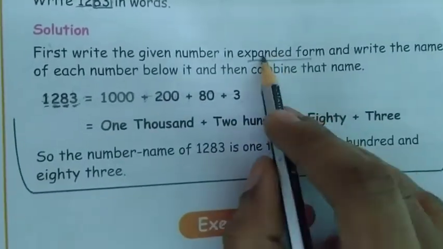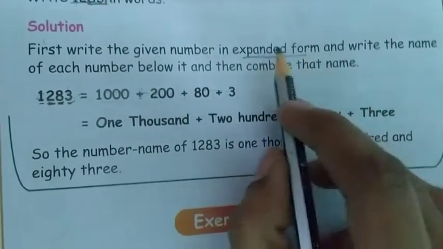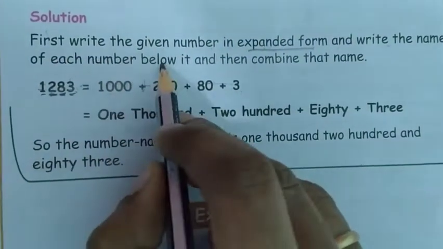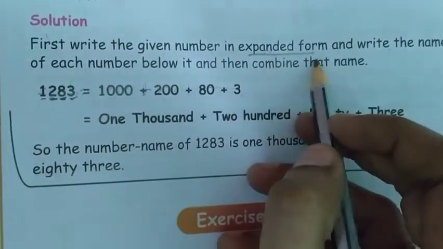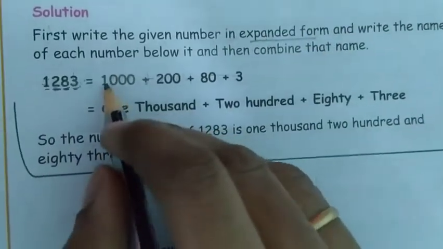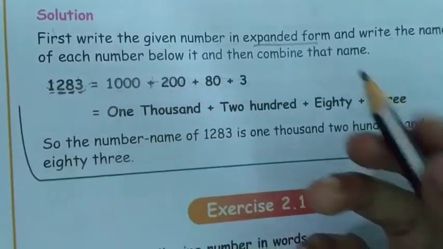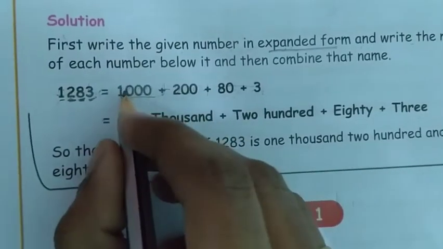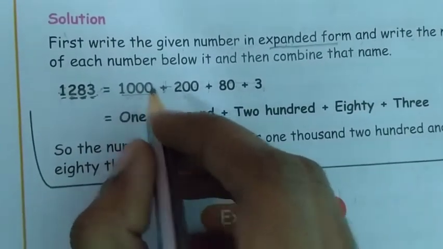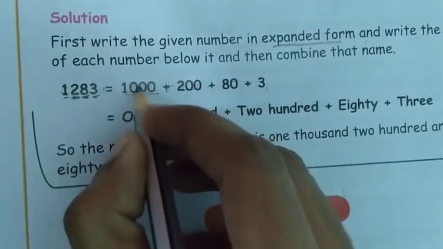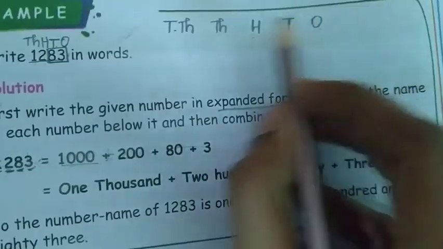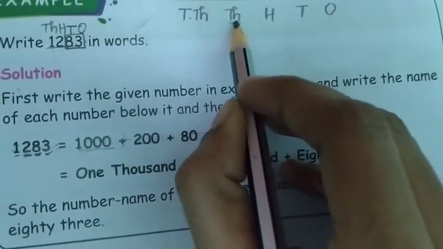After writing the exponent form, we want to write the name of each number below it and then combine those names. We write the name for each and every number. Put the equal to. What is the first number? 1000, isn't it? Because 3 zeros are there, 1, 2, 3 zeros means 1000.